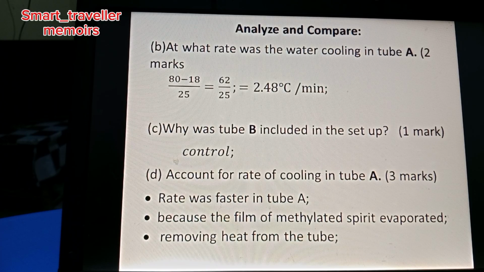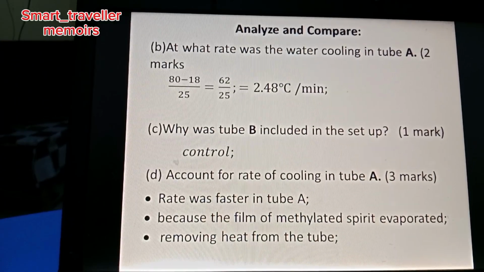At what rate was the water cooling in tube A? So we get 80 minus 18 over 25, which is 62 over 25, which is 2.48 degrees centigrade per minute. 80 is the temperature at the beginning when you start, and 18 is the temperature at the end, that is after 25 minutes.